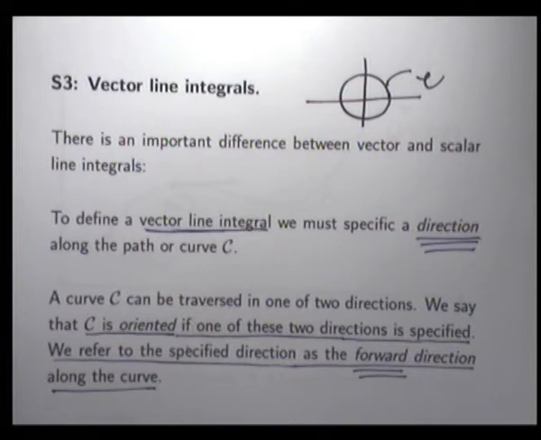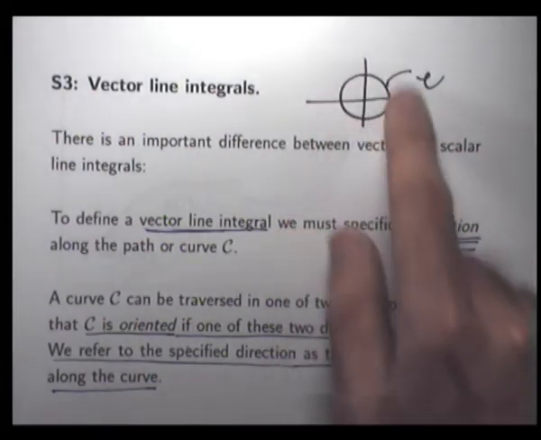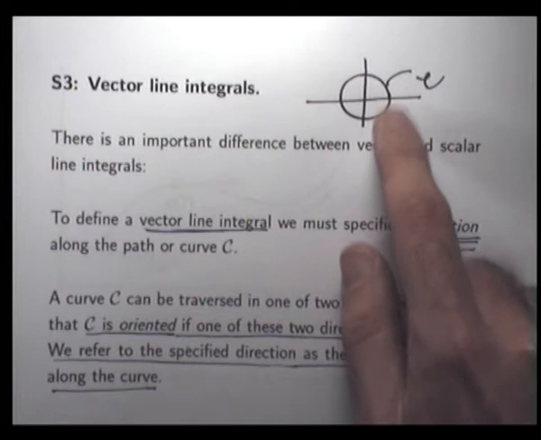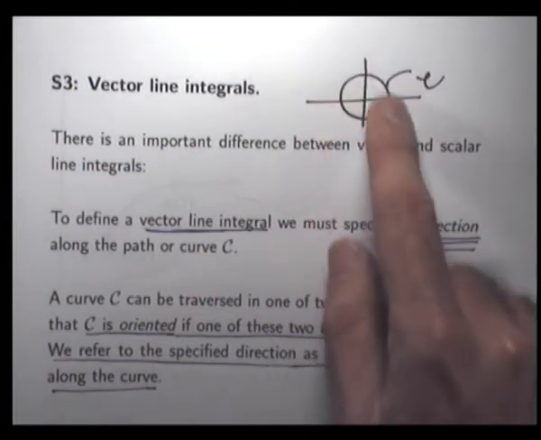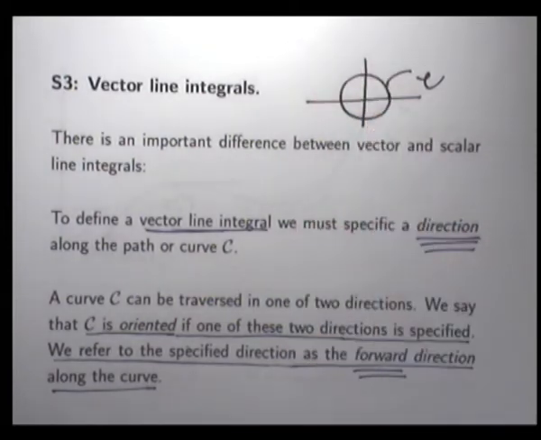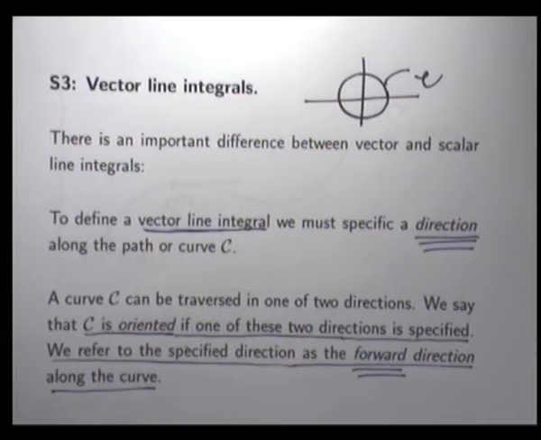Do you want it oriented so it's traced out in the anti-clockwise direction or the clockwise direction? Okay, that's important because the orientation will actually change the value of our line integral in the end. All right, so direction matters.